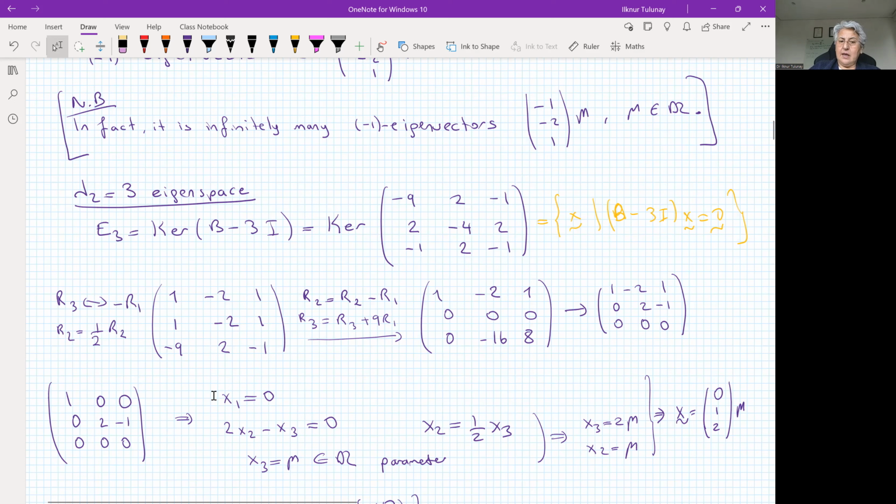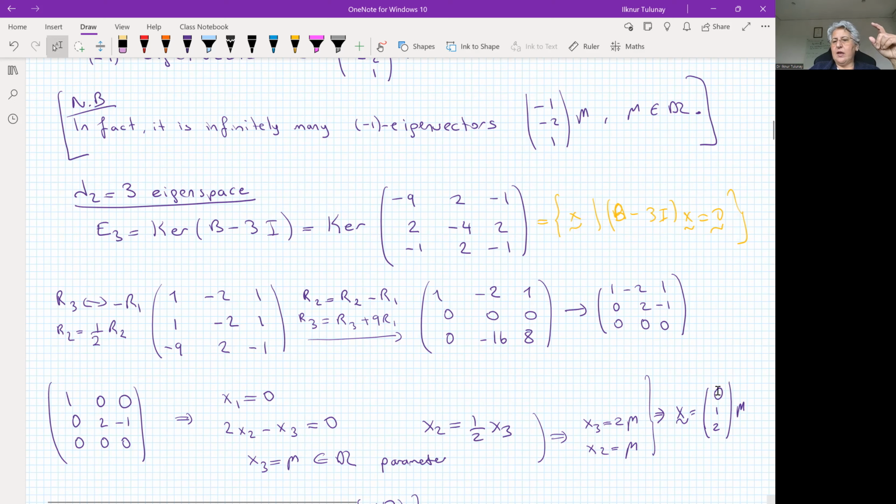Well, x3 is equal to mu. Substitute mu here. In order not to have the quotient, we can have x3 equal to 2 mu, x2 equal to mu.